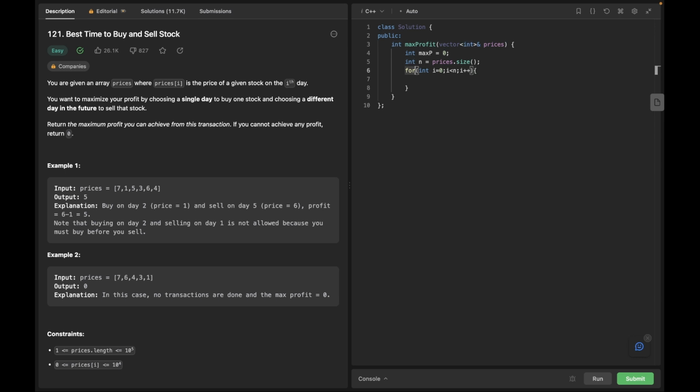So this should go from day 0 to day n minus 1. The intent of doing i plus 1 is that on the day we are buying it, we will try to sell it from the very next day, and we will try to see which is the best day possible to sell it.